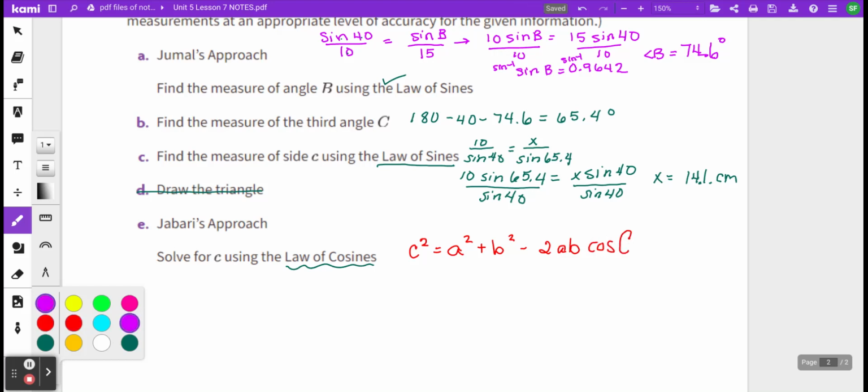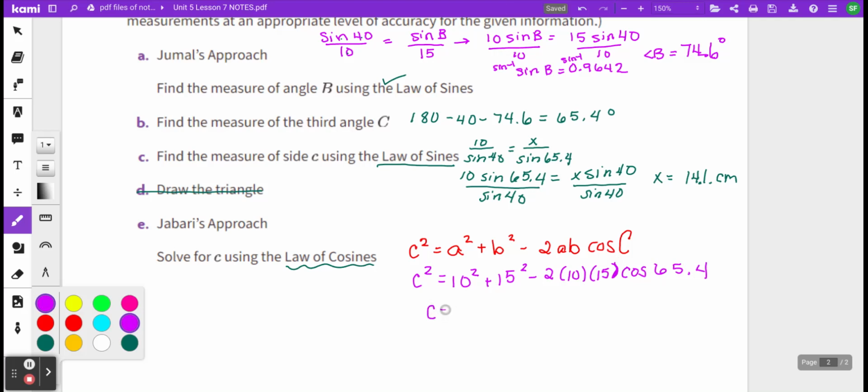Putting all that in, we don't know C. C squared equals 10 squared plus 15 squared minus 2, and then multiply your two sides, 10 and 15, and cosine of 65.4. You're going to put that all in, and then you're going to square root it.